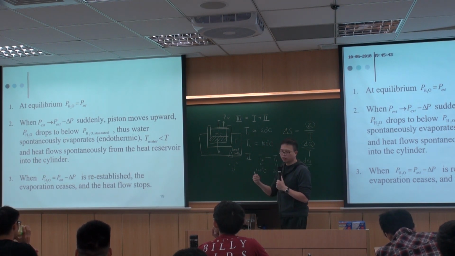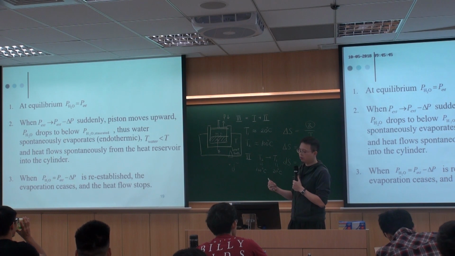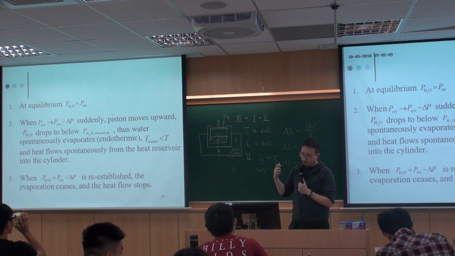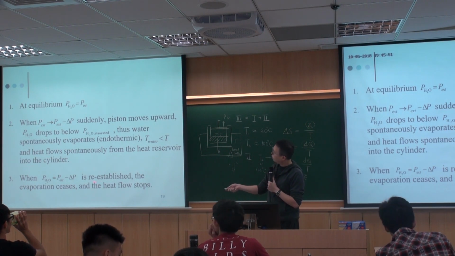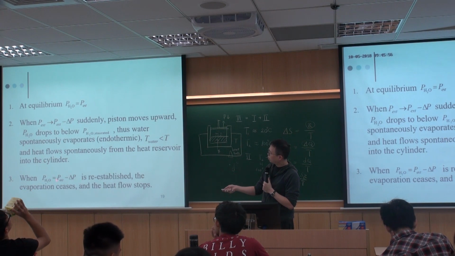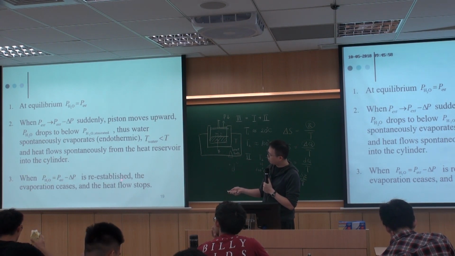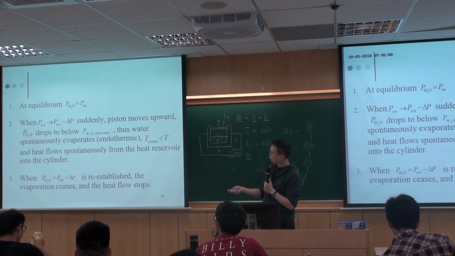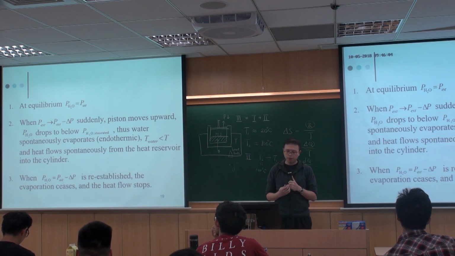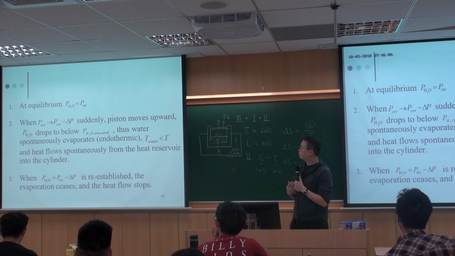Okay, so this is the process that is stated. And when pH2O is reestablished as the pressure from the outside, then the evaporation will stop, and the heat flow will also stop.